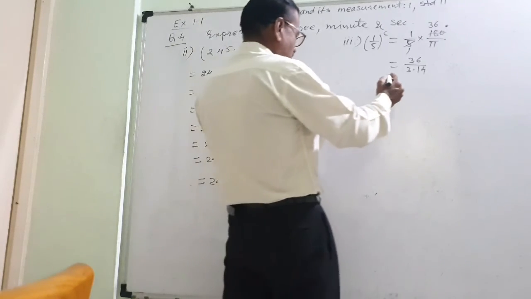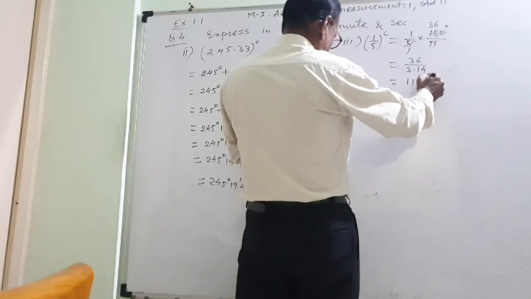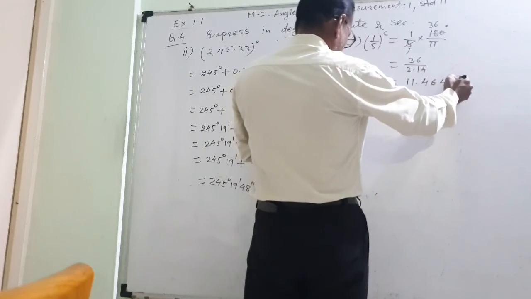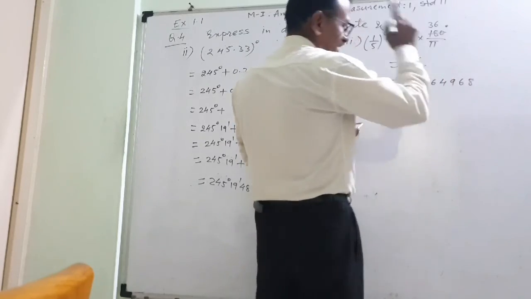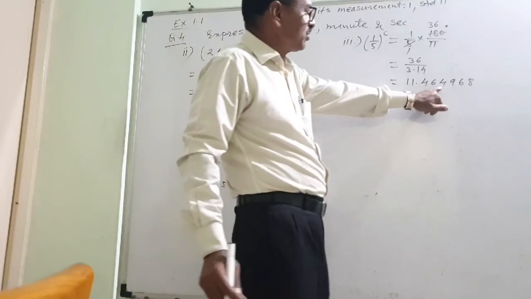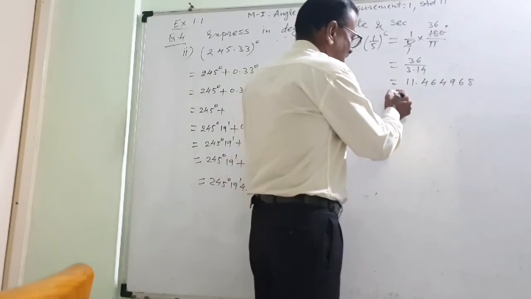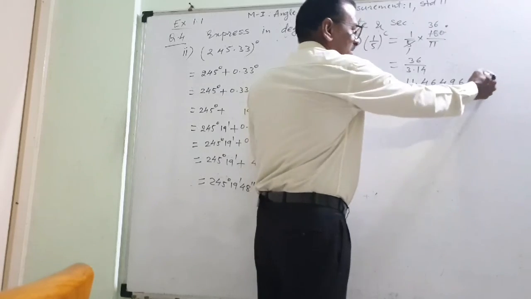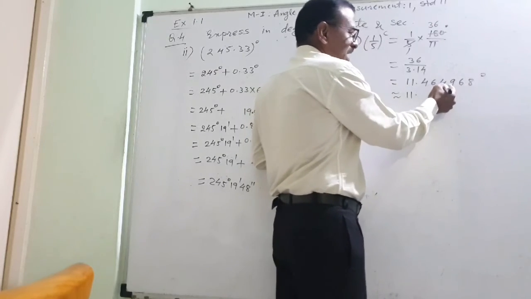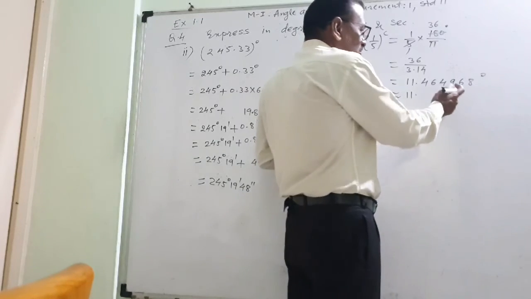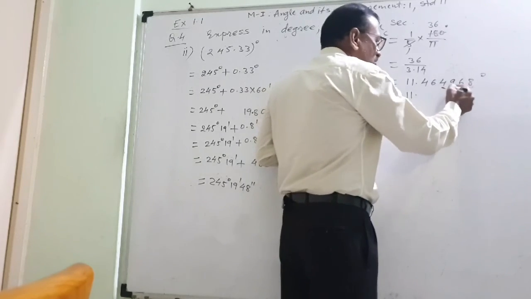You will not use this calculator. 11.464968. That way it is coming. Okay. So up to this only you will do. So that is approximately equal to 11 point. This I will take up to this. So I will drop out this.